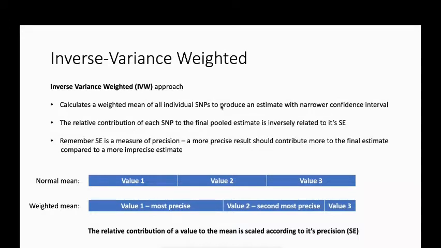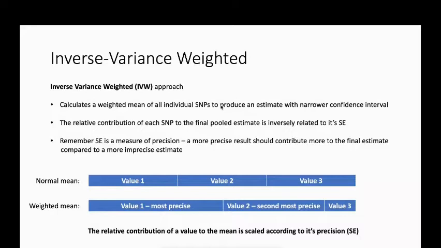Okay, so the relative contribution of each SNP to the final pooled estimate is inversely related to its standard error. I'll just explain that a little bit more. As we remember from the last day, the standard error is a measure of precision. So a more precise result has a smaller standard error, okay?